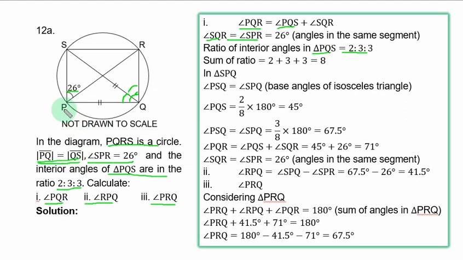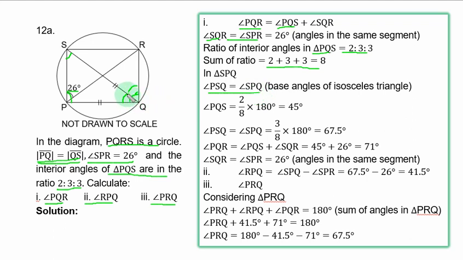That means triangle PQS is an isosceles triangle. So the base angle, this angle, is equal to this angle, so they have the same ratio, 3:3. So let's get the sum of ratio, that is 2 plus 3 plus 3 equal to 8.